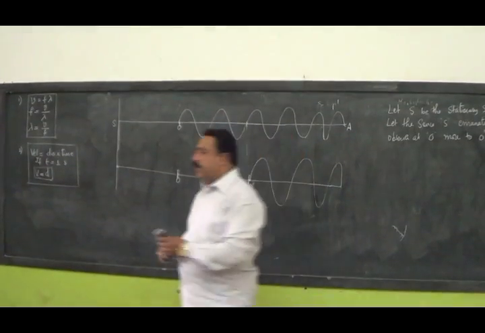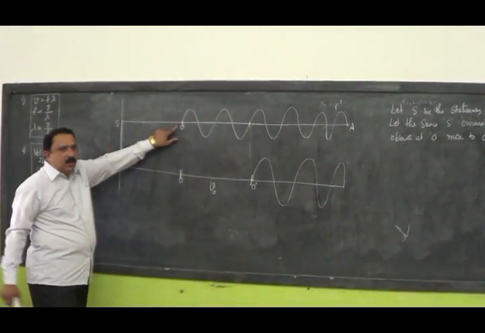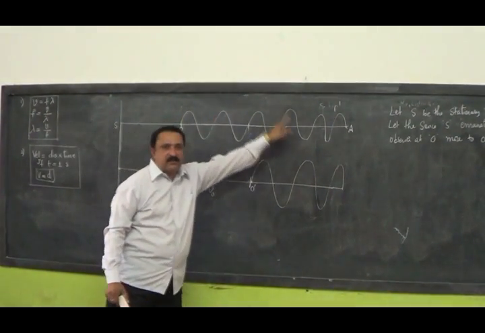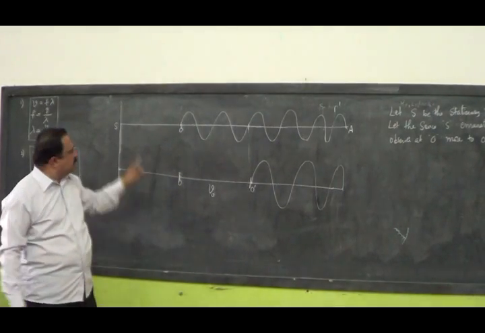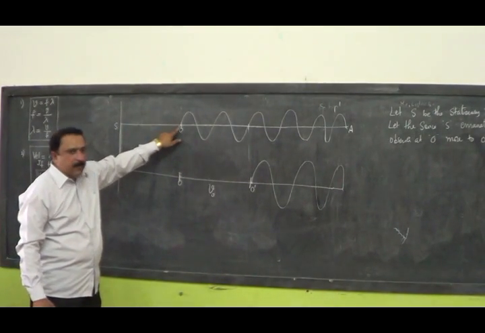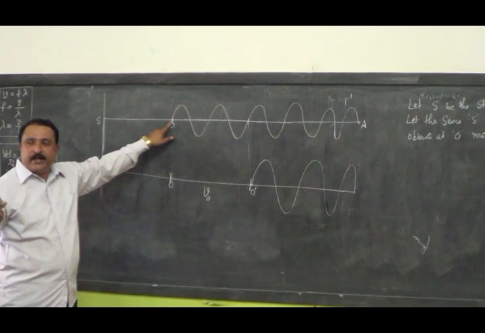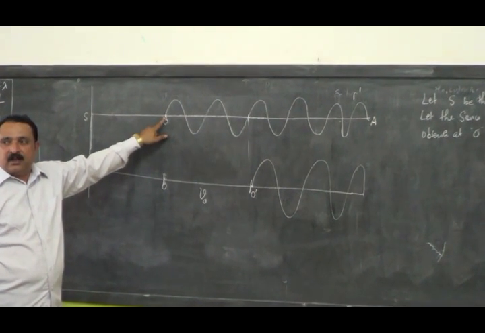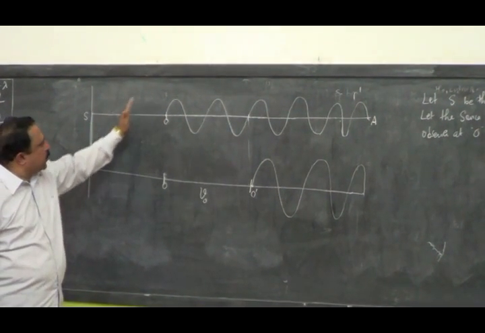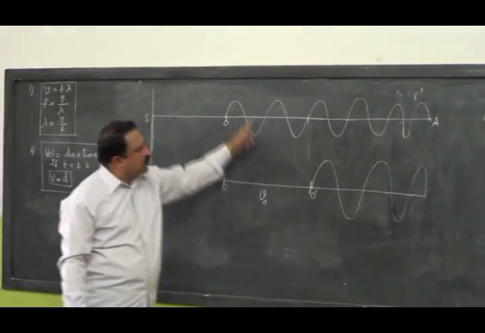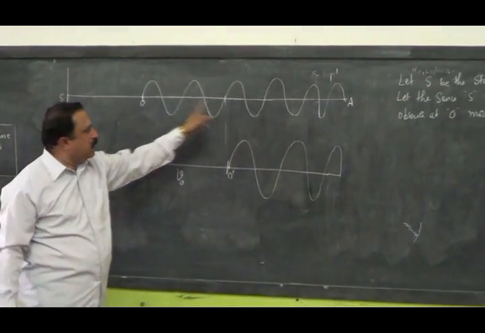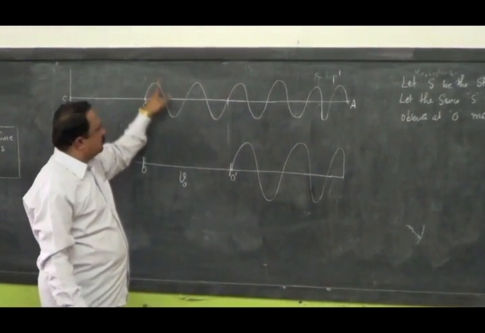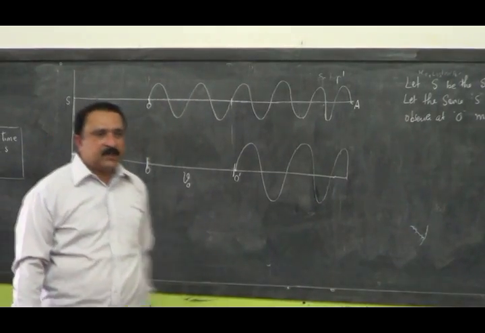You may be wondering why I have not written anything here, how this wave starts from here itself. It's not like that, it would have come here also. But here, who is the point of action? The observer. So there is no point in showing the waves coming to the observer. Since the observer starts moving from here, I have taken the wave starting from O, that's all.